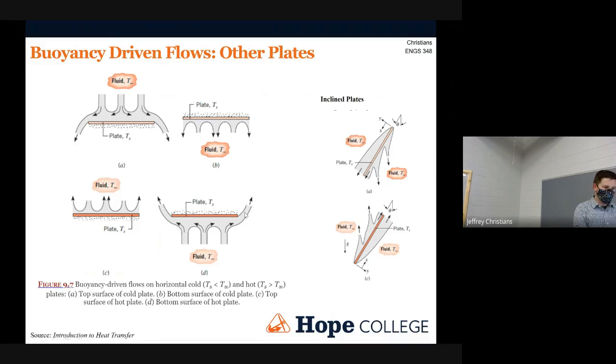And then the bottom surface of the plate is going to look a little bit like this guy here, where the fluid can't rise because it's stuck underneath the plate. So it's going to build up heat until it can escape around the sides. And once it escapes around the sides, then it'll pull new cold air into it.